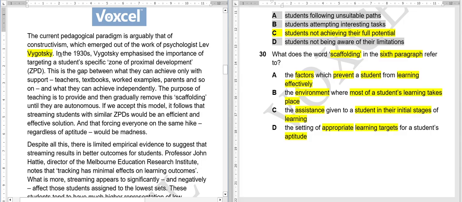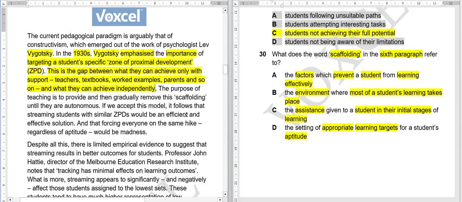So they're saying that this particular person emphasized that it's very important to target the specific zone of proximal development, like according to the ability of the student. This is the gap between what they can achieve only with support, teachers, textbooks, worked examples, parents and so on, and what they can achieve independently. So what does this ZPD mean? This means what they can do on their own and what they can do with the help of others.